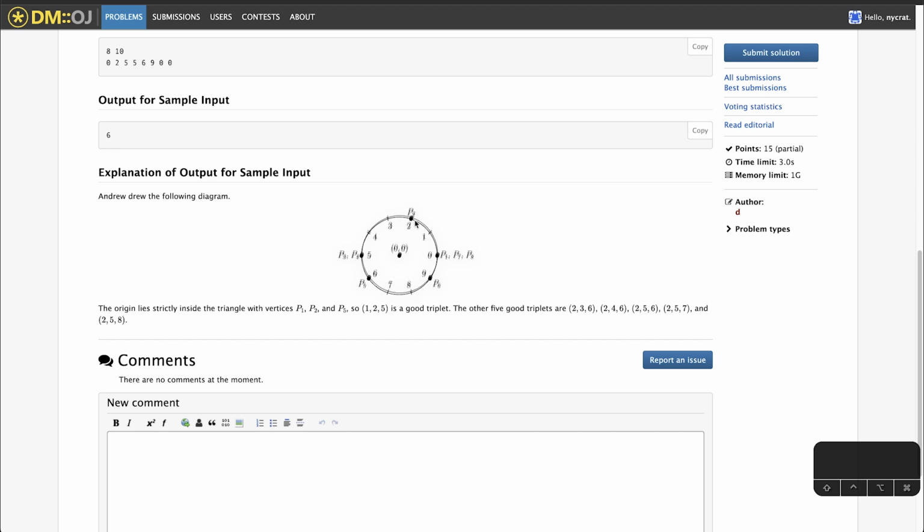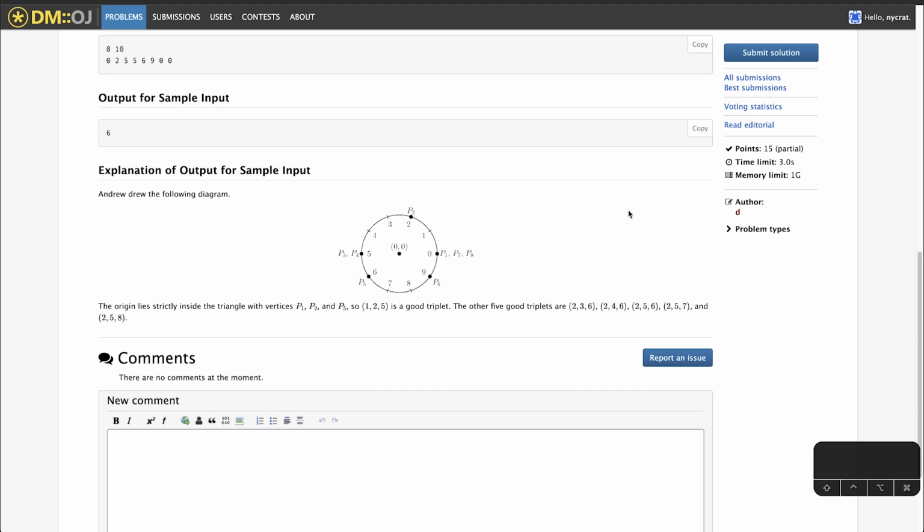The difference between A and B has to be less. This has to be less, but A and C has to be more than half of the circumference.